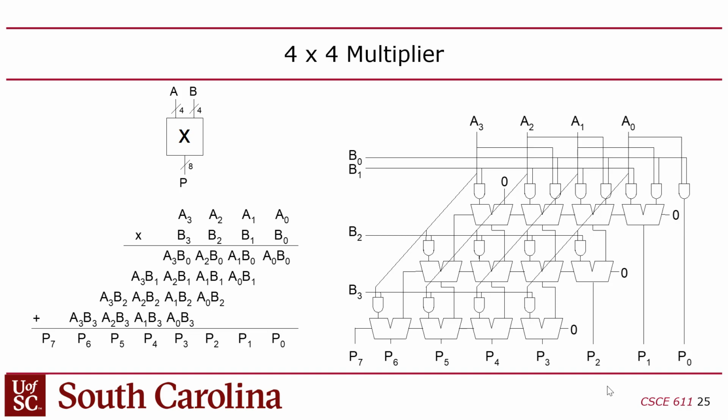So basically, if you look down a column and you add your partial products here, each one of these columns is implemented through adding through these full adders. Does that make sense? Now, you might notice, wait a second, there is one difference though.